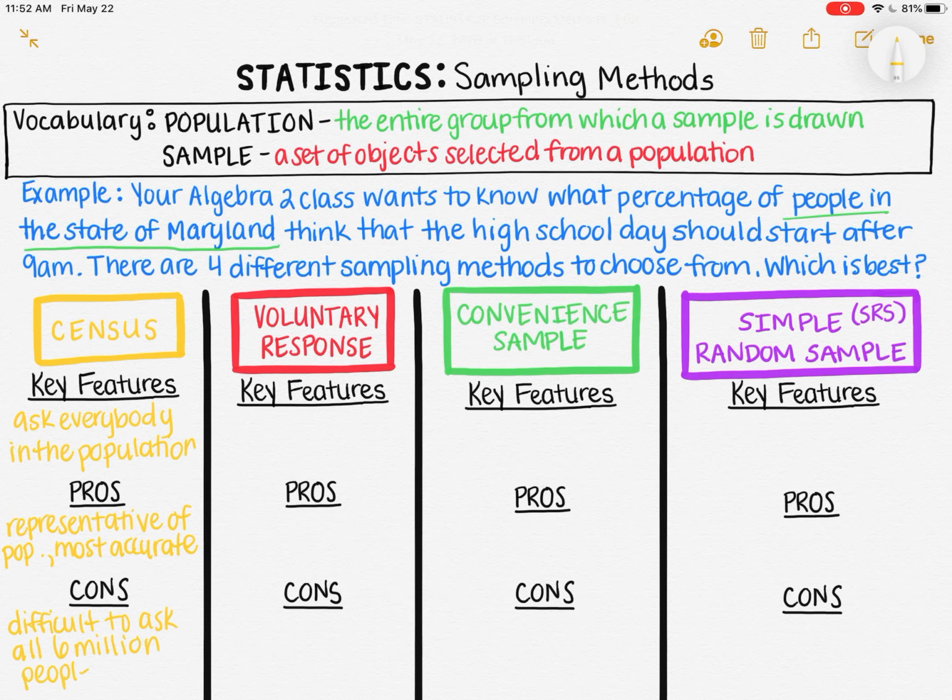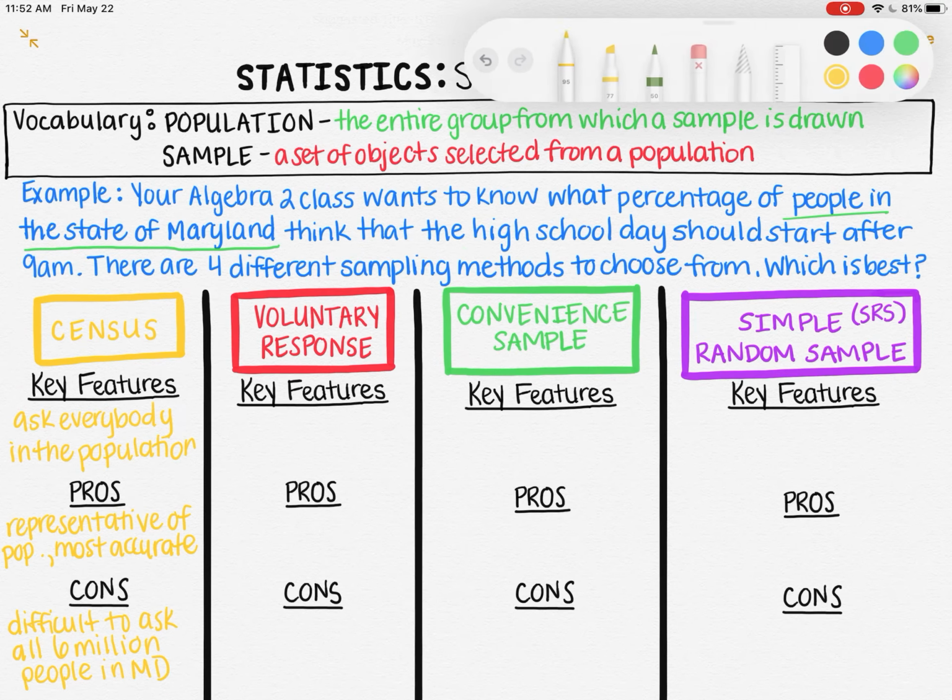That's going to be a lot of work to try and ask all 6 million people in Maryland. So while a census is representative of the population and it's pretty accurate, it's definitely one of the hardest to actually do because it's a lot of work to ask everybody in Maryland.